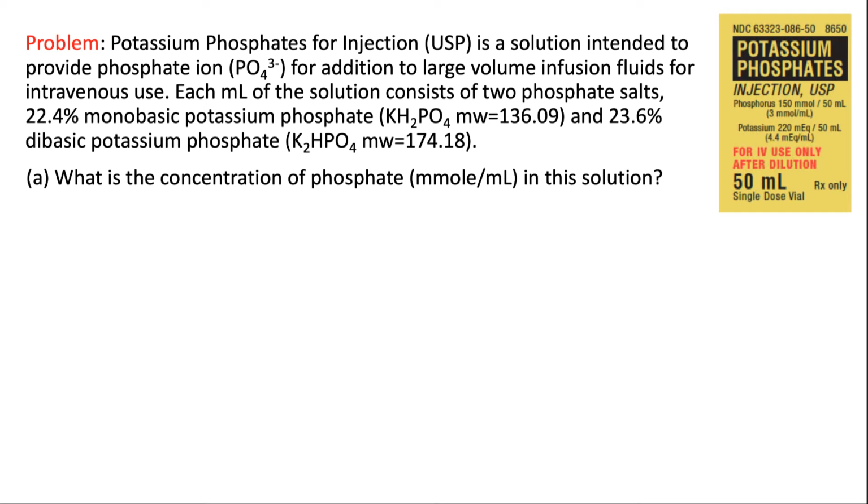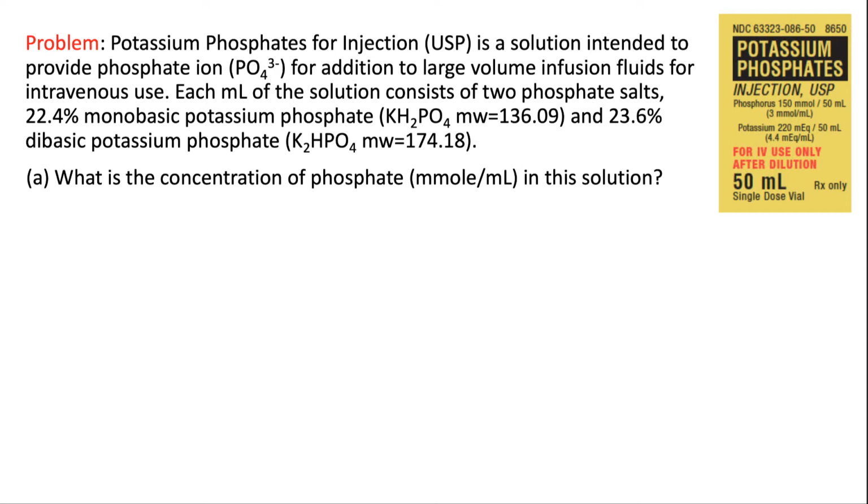So again, while it's just listed as potassium phosphates for injection, the solution actually has two different forms of phosphate, this monobasic potassium phosphate and dibasic potassium phosphate. And that's what makes using it a lot more complicated than it might seem at first.